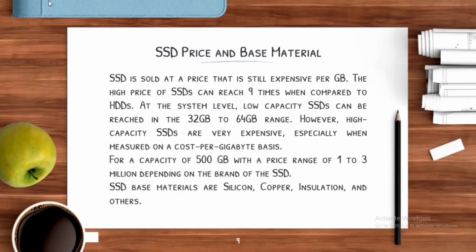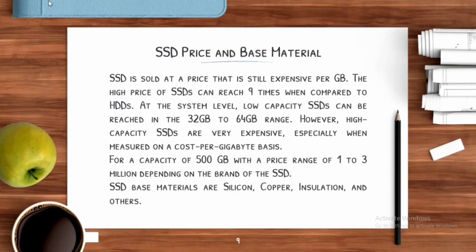At the system level, low-capacity SSD can be reached in the 32 GB to 64 GB range. However, high-capacity SSDs are very expensive, especially when measured on a cost per gigabyte basis.